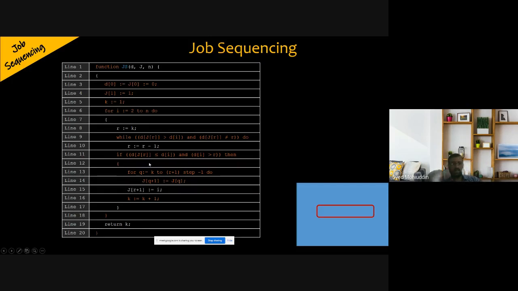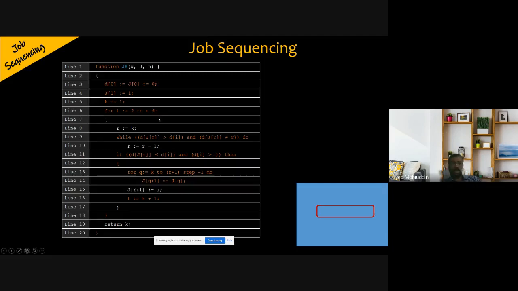Then if the deadline we have for that job is less than the deadline and greater than the actual deadline, then that means we can fill that job. So what we do, we start with K, we use another loop and we start with K and move step by step backwards, filling all the slots with the jobs.